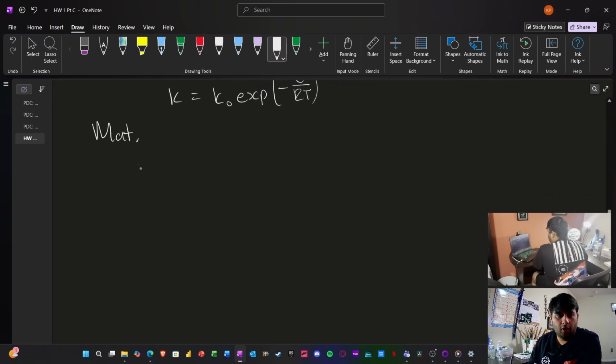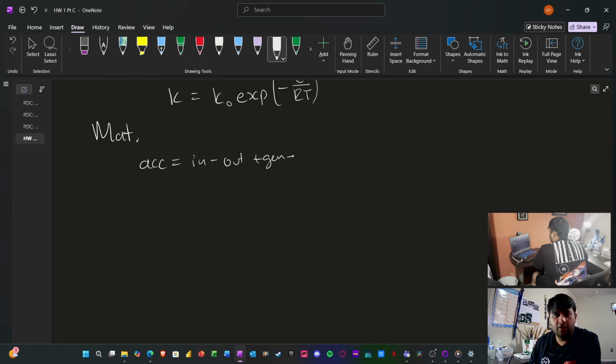What we know is we have accumulation, which equals in minus out, plus generation minus consumption. Since we don't have any generation, but we do have consumption, we're just going to have our general equation look like this. So let's start with our left side.